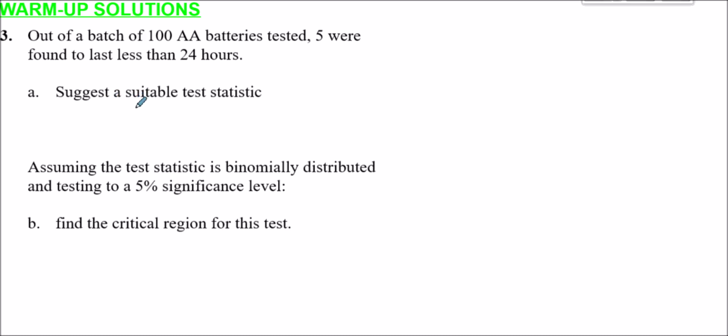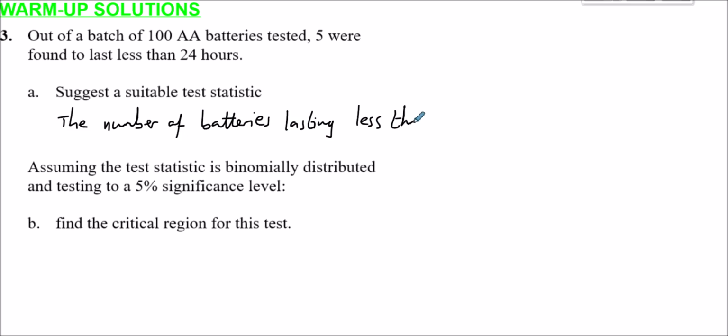And so what I'd suggest here, the most obvious one, is simply the number of batteries lasting less than 24 hours. You could also have defined the test statistic as the proportion of batteries lasting less than 24 hours.